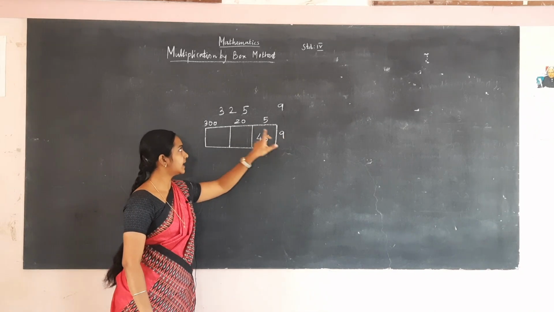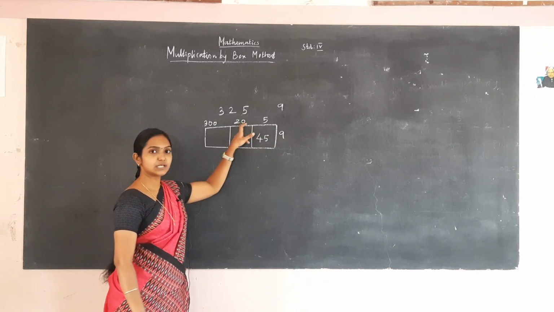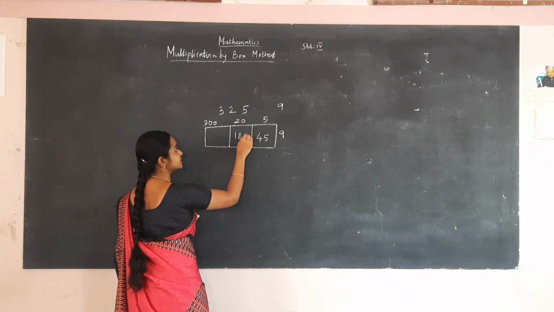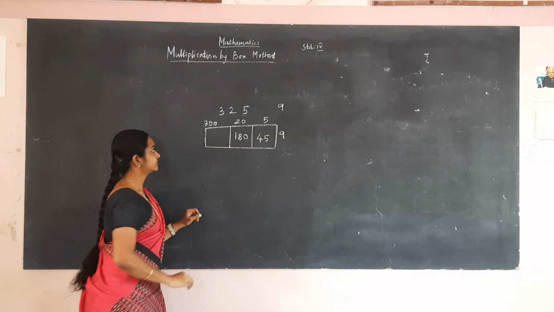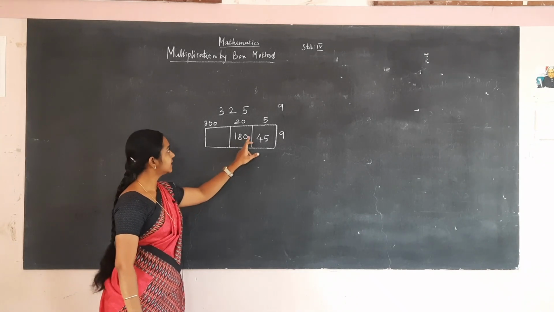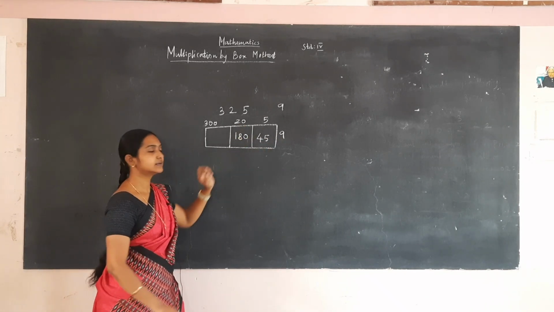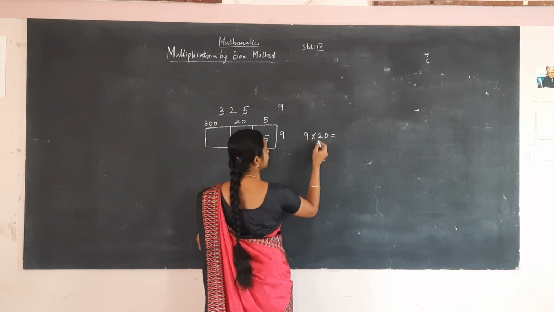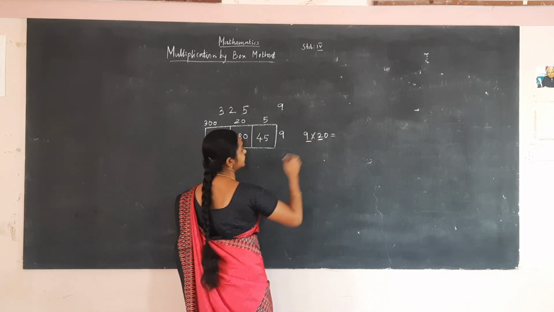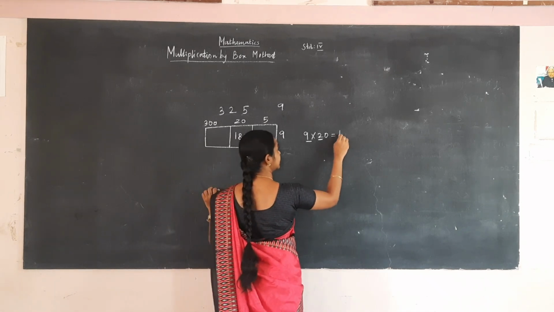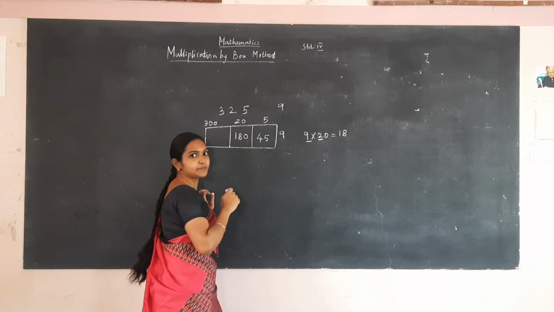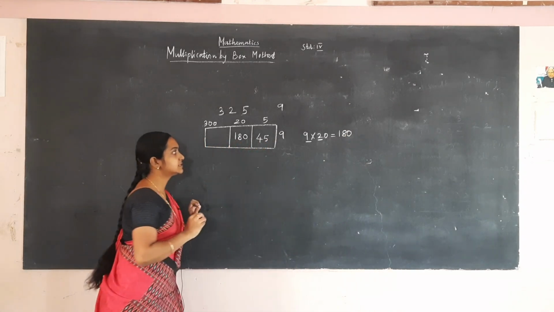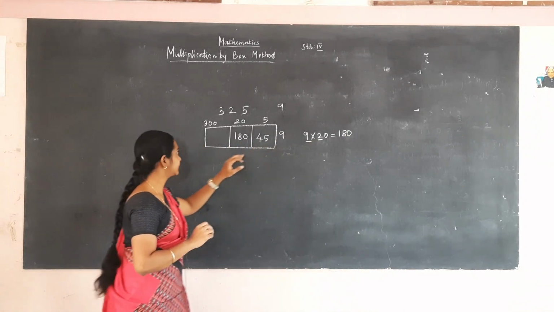First multiply 9 and 2 alone. 9 2s are 18. We have skipped the 0, so we have to add 0 in our answer. This is the short way of multiplying.